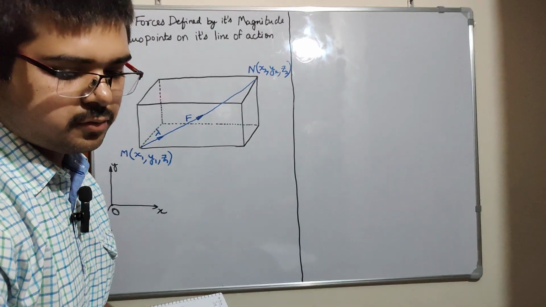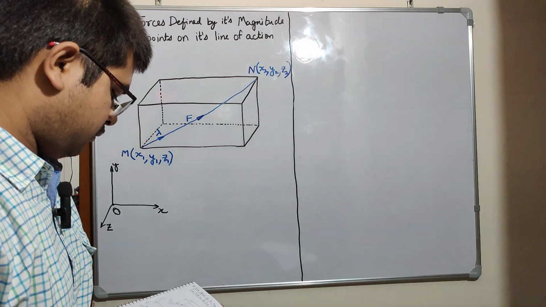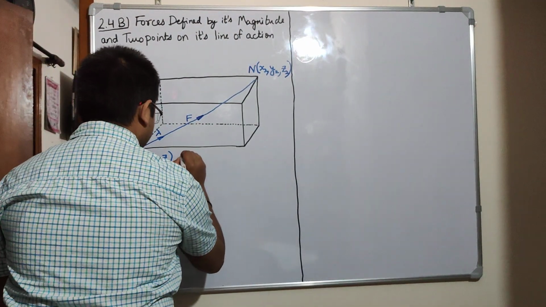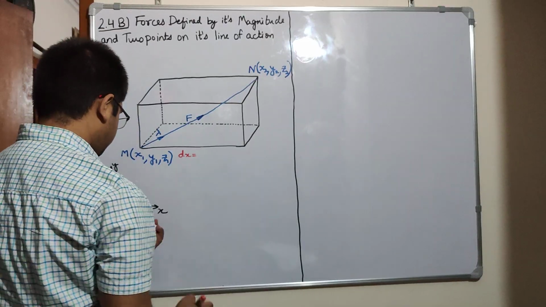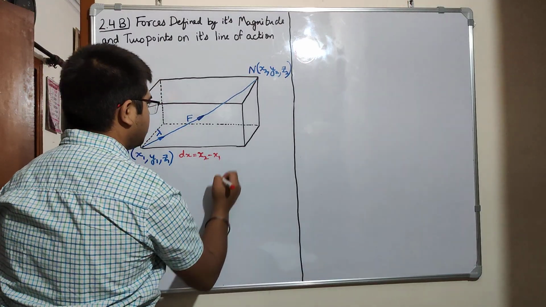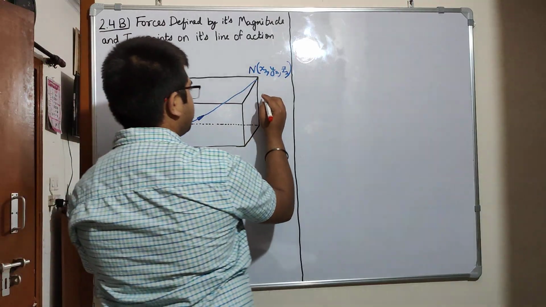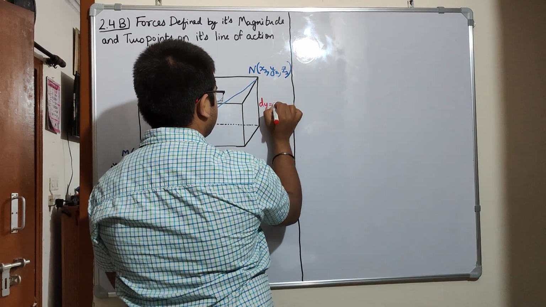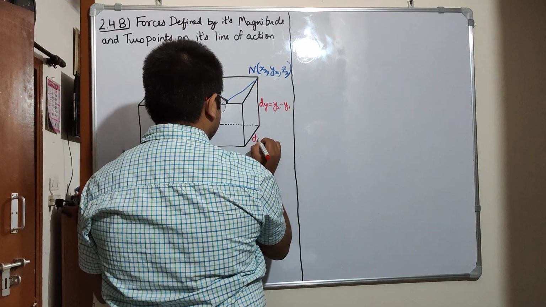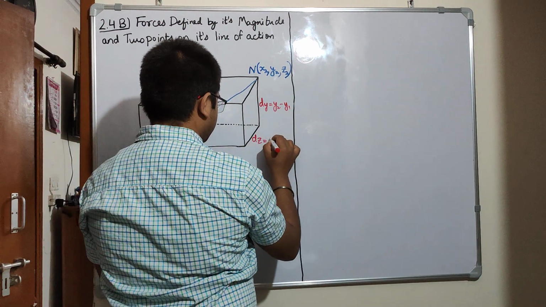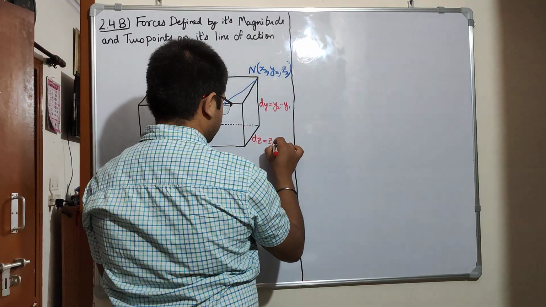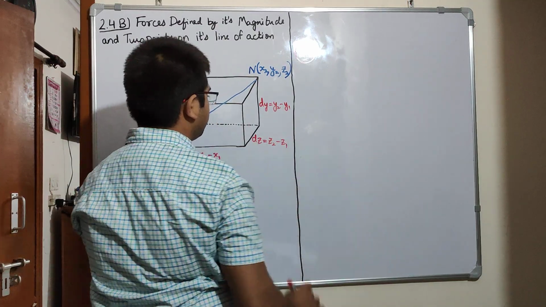Then we have dx equals x2 minus x1, dy equals y2 minus y1, and dz equals z2 minus z1.